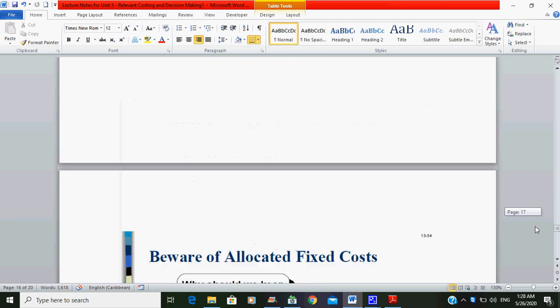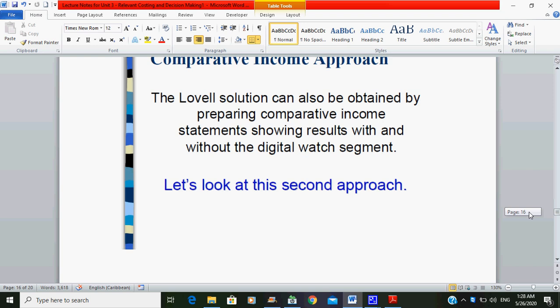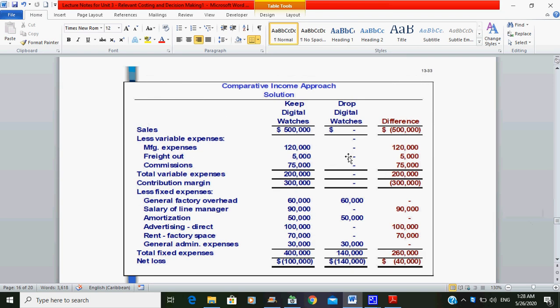All right, let's continue. So this is the comparative income approach, keeping the watch compared to dropping. When they drop it, you end up with a net loss of what? 140,000. But if you kept it, you had a net loss of what? 100,000. The difference here is what? $40,000. Good.